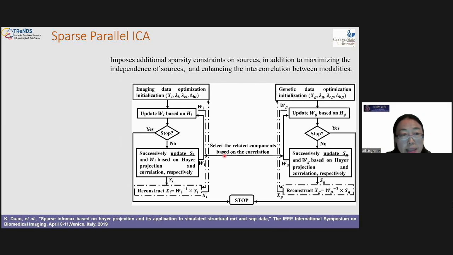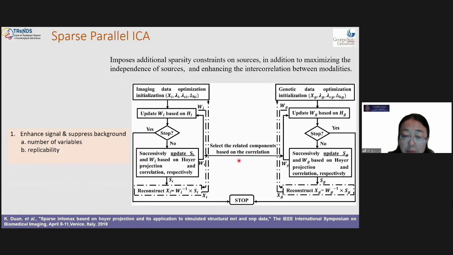Another extension of parallel ICA is sparse parallel ICA. The reason for designing this algorithm is that we know that of the SNPs across the genome, only a small set are of interest for particular projects. So we add additional sparsity control on the components. We implemented a nonlinear Fourier transformation based on the L2 to L1 norm ratio.